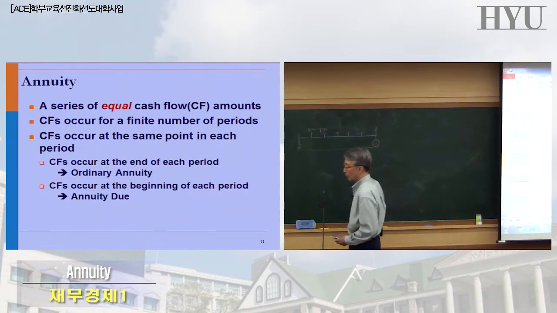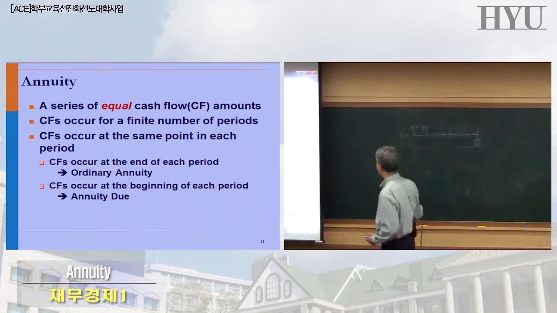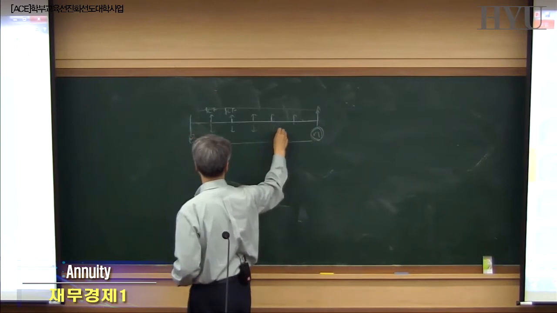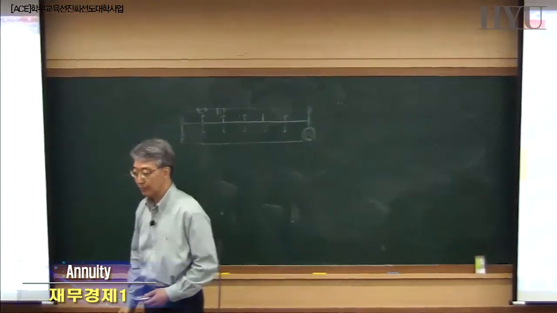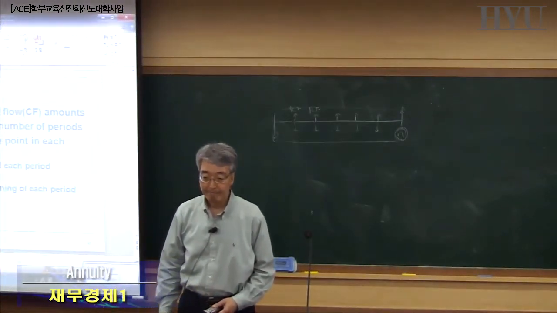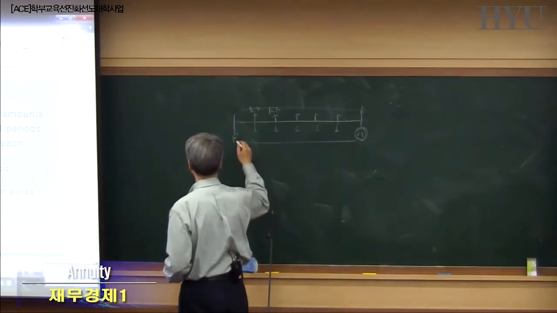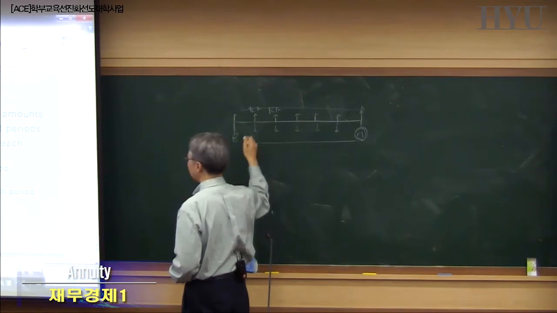We have to know how many periods we're going to receive, or it could be cash inflow, it could be cash outflow. But we have to have a certain end, how many periods. And then another thing is we have to know whether it occurs in the beginning of the period or at the end of the period.